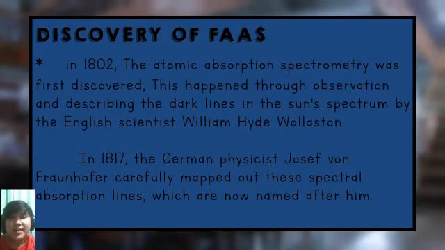We will now discuss the discovery of FAAS or AAS. First, in 1802, atomic absorption spectrometry was discovered through the observation and description of dark lines in the sun's spectrum by the English scientist William Hyde Wollaston, who first discovered atomic absorption spectrometry.